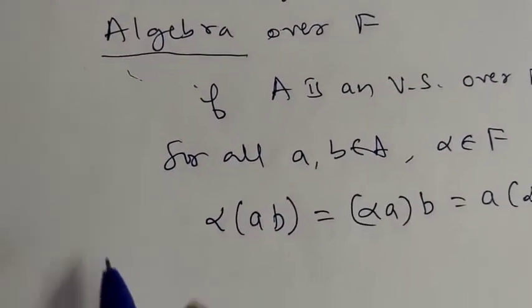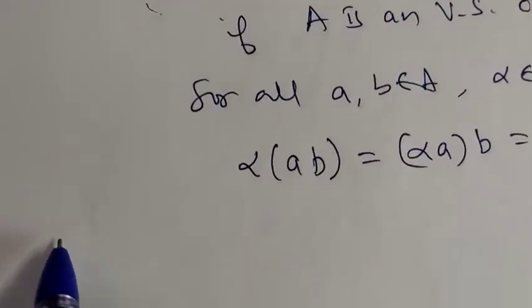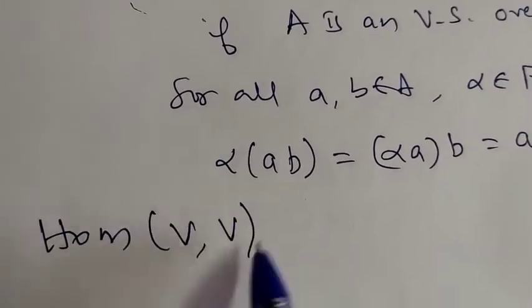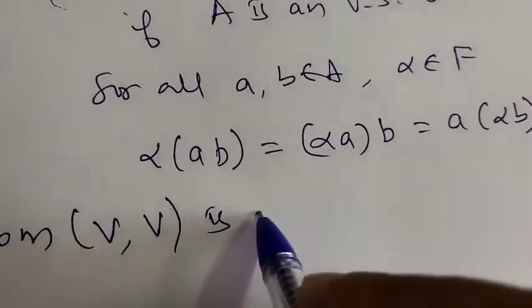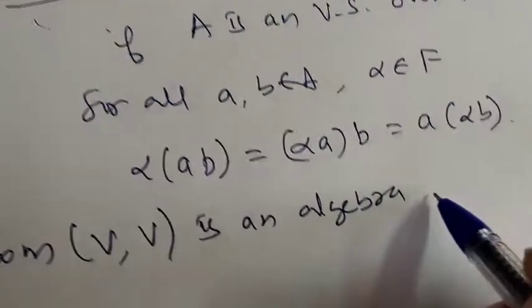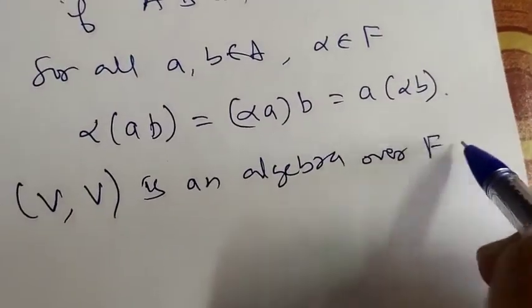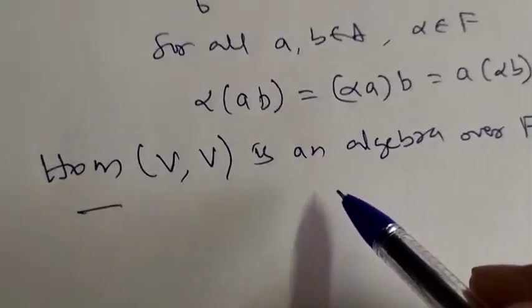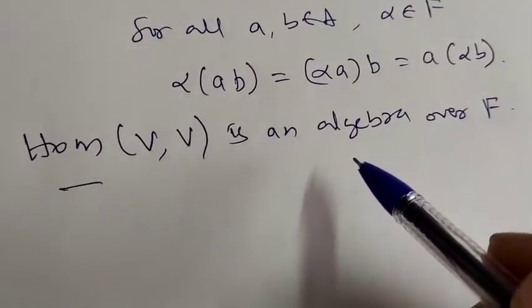Now we can easily show that the set of all homomorphisms from V to V itself is an algebra over a field F.